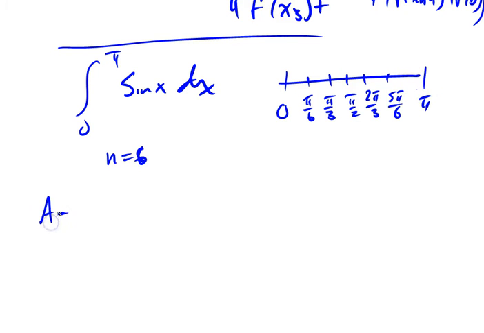And my area now is approximately 1/3 times pi over 6. That's the delta x.